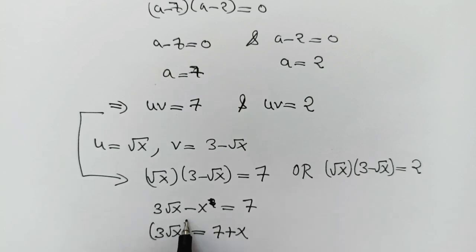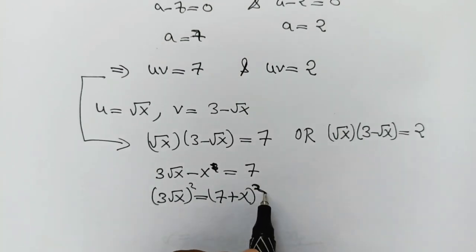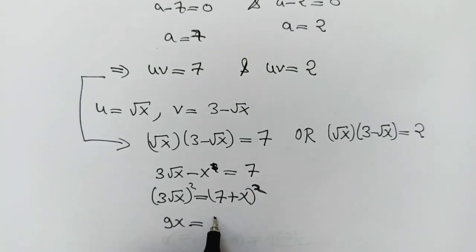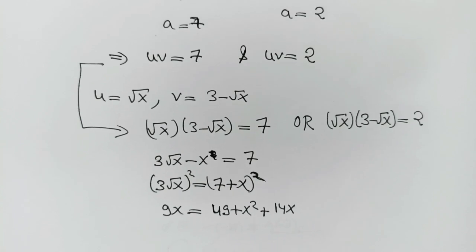Now squaring, we have 9x is equal to 49 plus x square plus 14x, and then by taking this 9x to the other side we have 0 equals x square plus 5x plus 49.